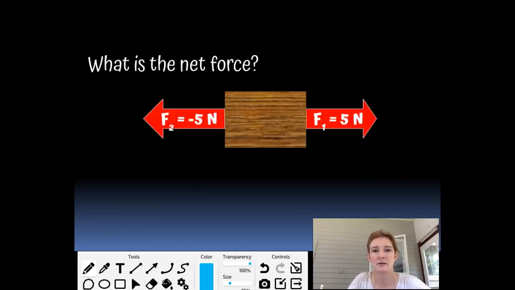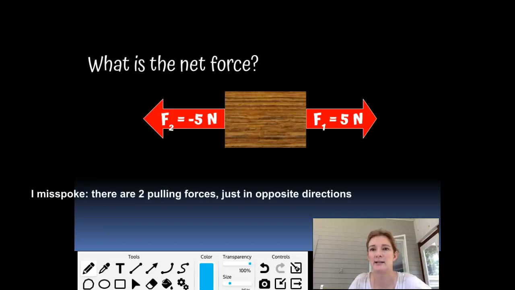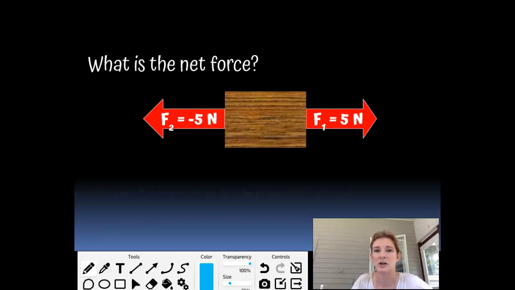Okay, so now our box has a push force and a pull force, and you can see that they're acting in different directions. So the net force is still F1 plus F2, but in this case we need to be mindful of the directionality.